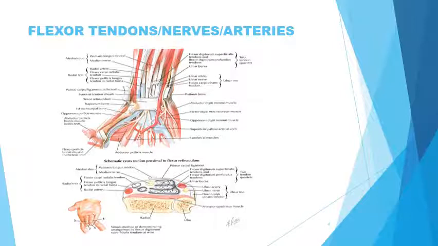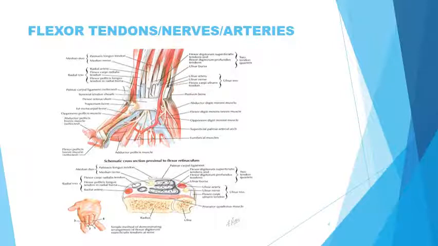In this slide, the palmar or volar view of the wrist, a bit of the distal part of the forearm, and the hand, you can see how the flexor tendons, which originate from the medial epicondyle of the humerus, move distally.